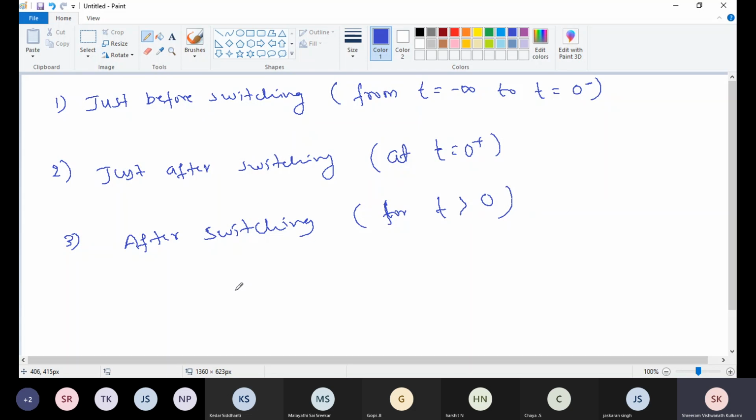Now, when are we going to say that our network is in the steady state condition? If the network remains in one condition for a long time, we are going to call it a steady state condition.